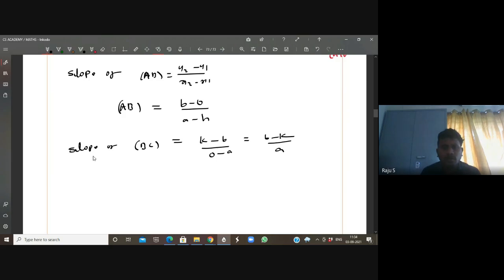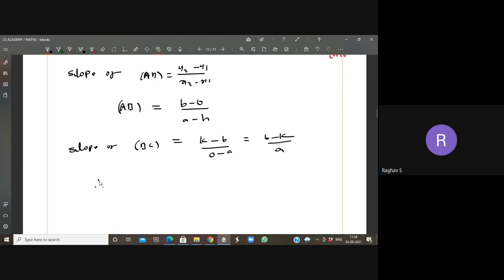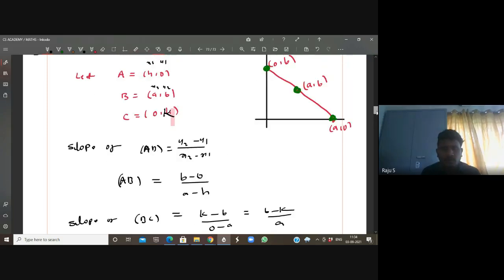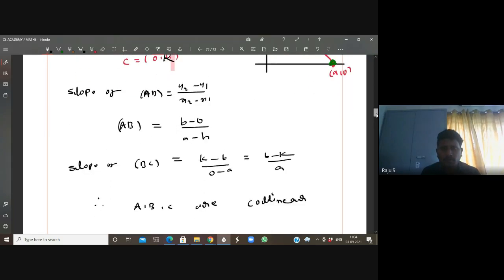Now what shall we do? Cross multiply, sir. You have written b minus k, sir, that is b minus 0, which is (k minus b) by (0 minus a). When I take minus common and cancel, we get (b minus k) by a only. Okay?